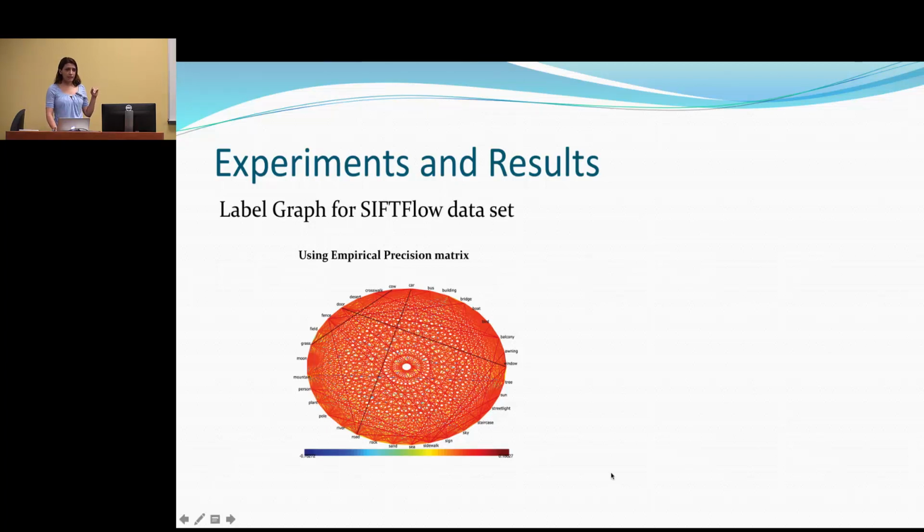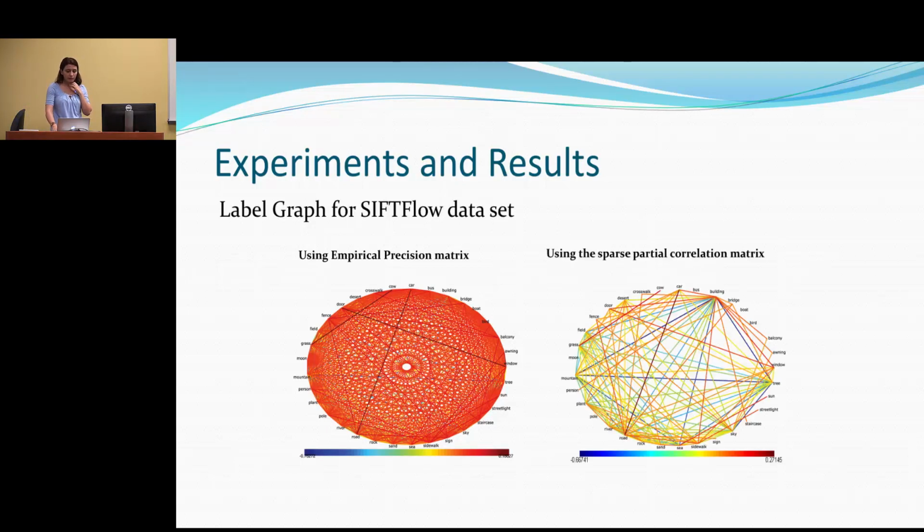As you can see, on the left is a graph of labels, or interactions between labels, that we found using sample covariance. On the right, you can see the interactions or connections between labels using the sparse precision matrix.